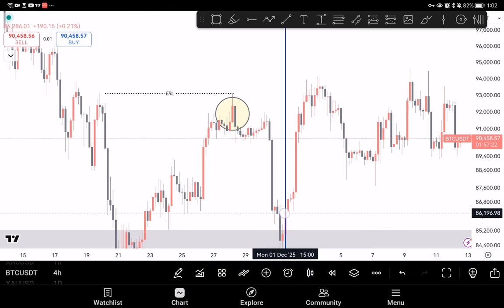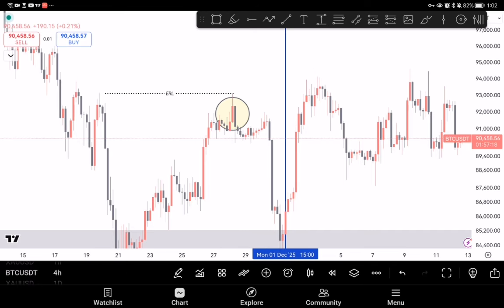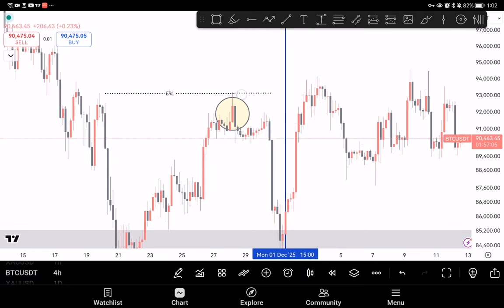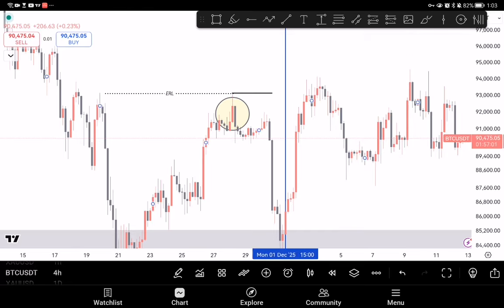You're going to see that there was this first candle that swept the high, it did not get taken away. I don't know if I'm being understood, right? We wanted to see a CRT formation right here, but that did not happen. Let me change this to a line. It did not happen, so we wait.